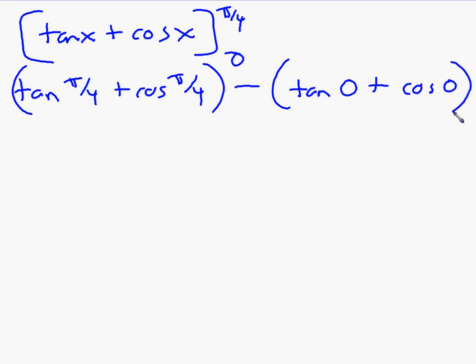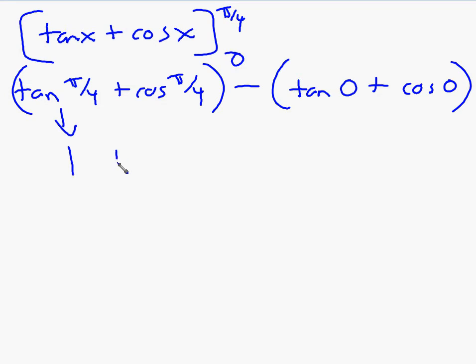All of these, conveniently, are memorized values. The tangent of pi fourths, if you remember that tangent is sine over cosine, and that sine and cosine both have the same value at pi fourths, is 1.